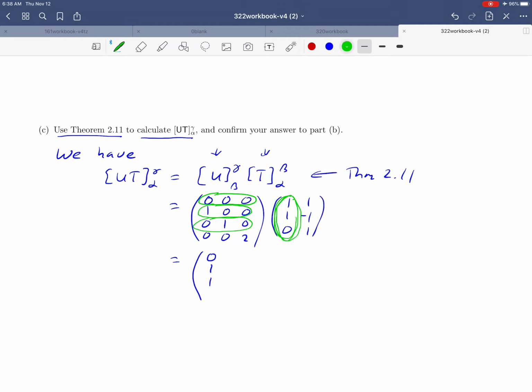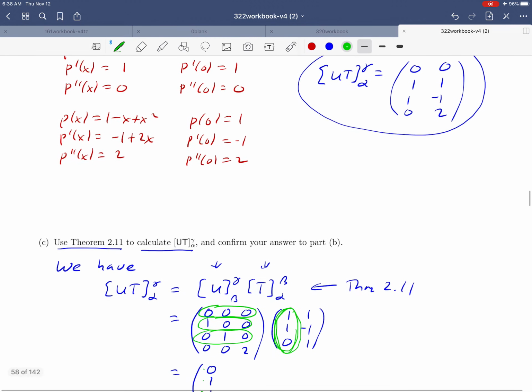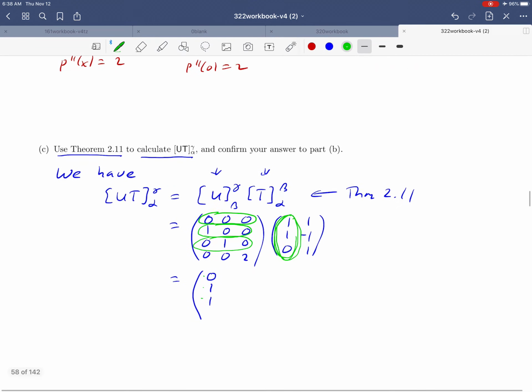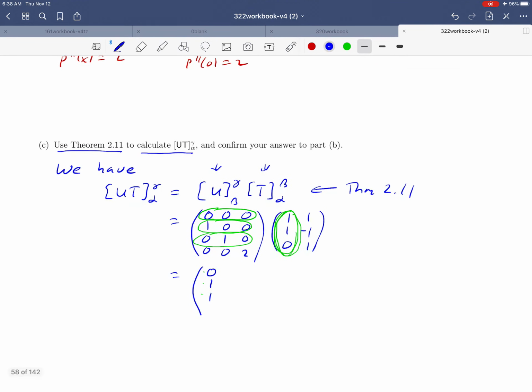Notice, if you look at these three entries that we've just calculated so far, they agree exactly with those three entries up here. If you kept doing this and completed the multiplication, I'll let you check this part, you'll discover that we end up with exactly the same matrix that we got in part B. And we should, because we're calculating the same matrix.